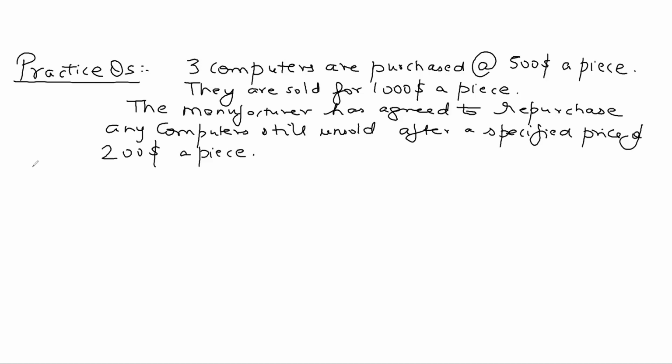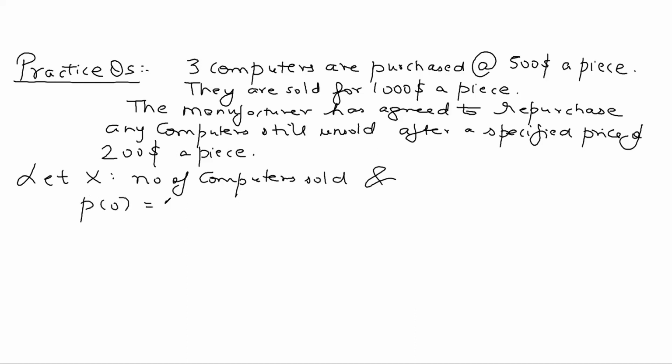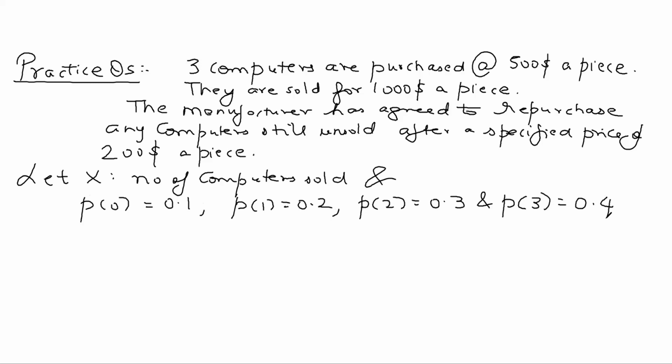Okay, the question tells us let X denote the number of computers sold, and we are given the probability mass function: P of 0 is 0.1, P of 1 is 0.2, P of 2 is 0.3 and P of 3 is 0.4.